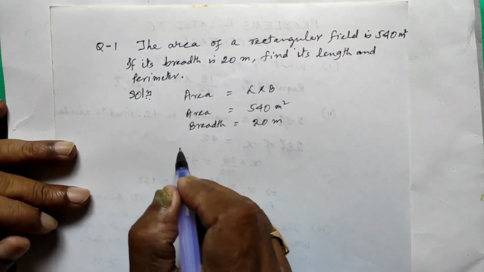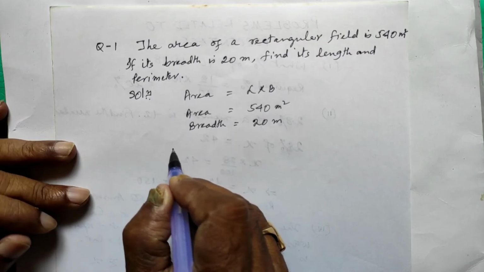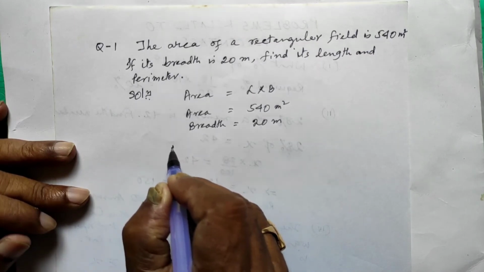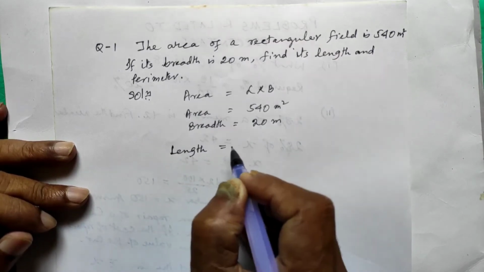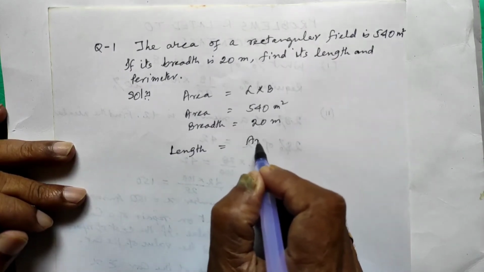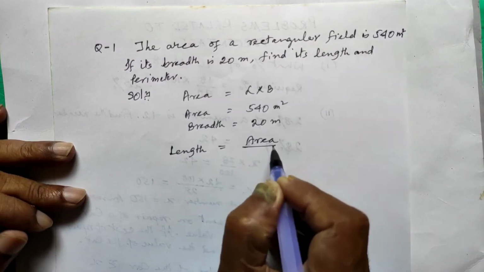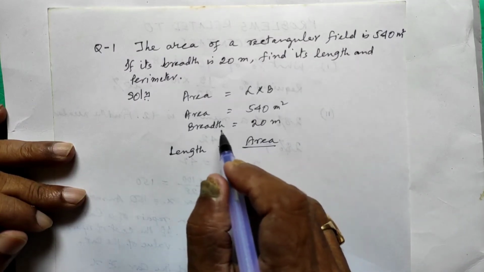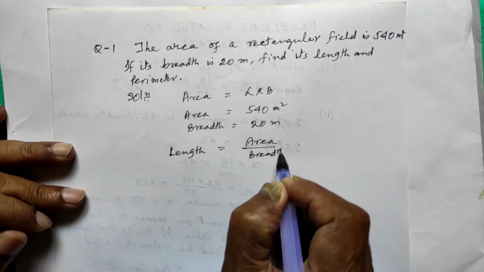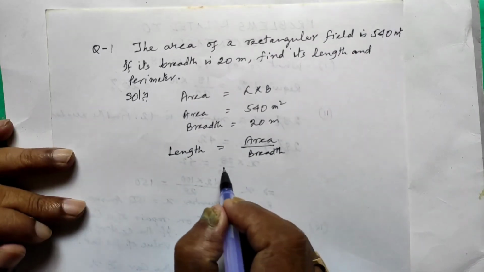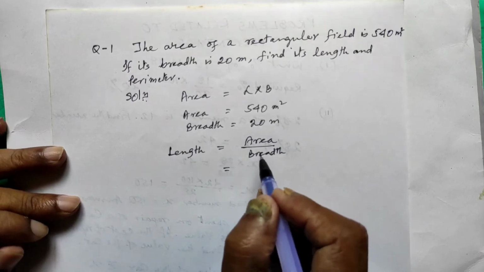If you want to find out the length, the simple formula is area divided by breadth. This is the formula which I have given on my monitor.